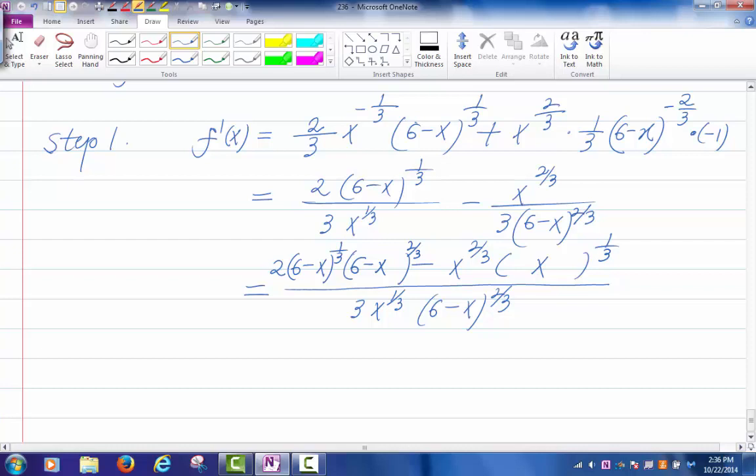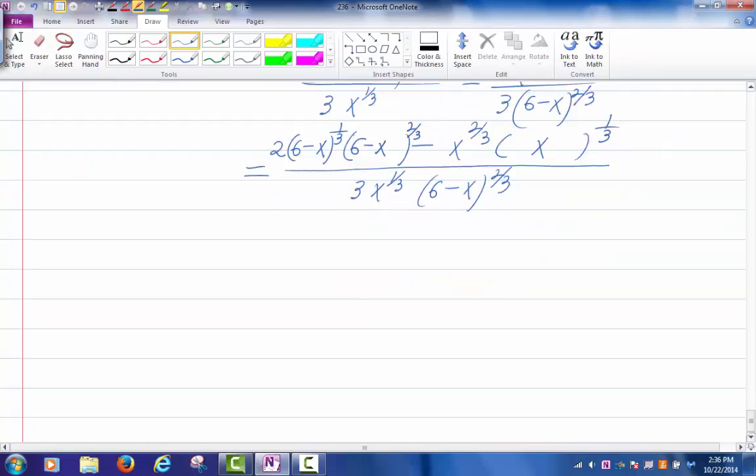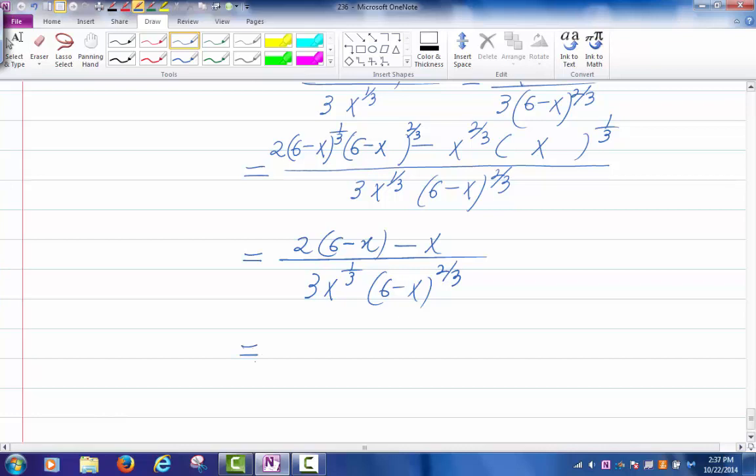Now you just see that what you have is 2 times what? 6 minus x, right? Minus just x over 3x to the 1/3 times 6 minus x to the 2/3. And then what is that? That would be 12 minus 2x minus x.